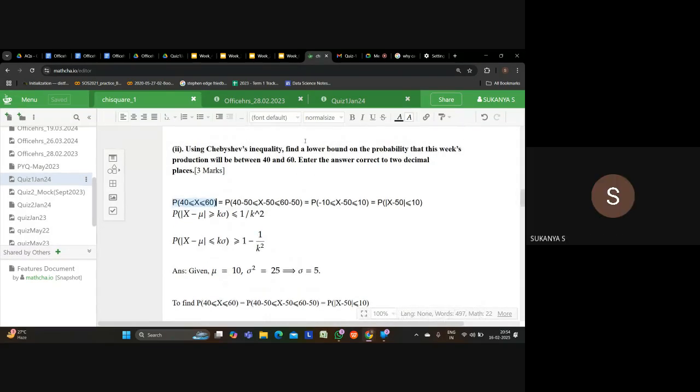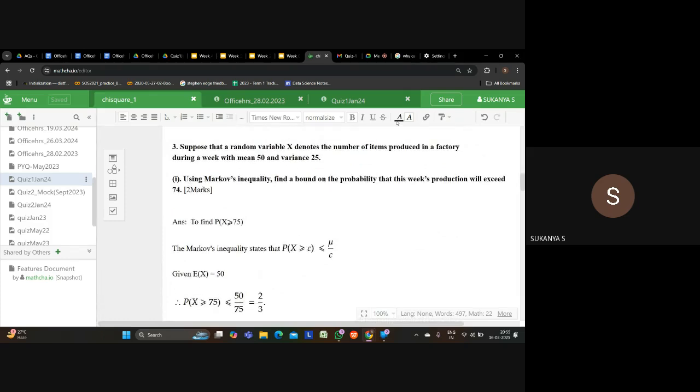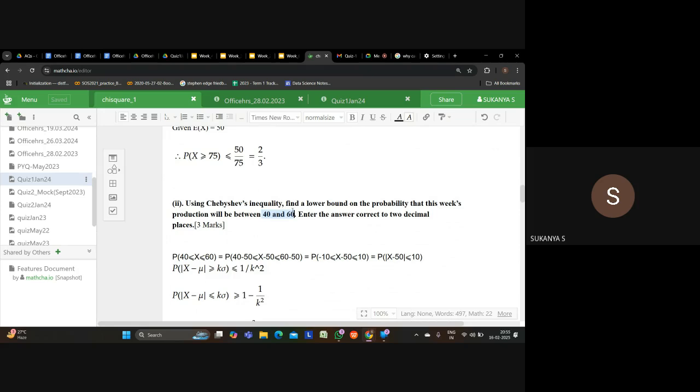It just says we have to find a lower bound on the probability that the week's production is between 40 and 60. This is given in the question. So if x is the random variable that denotes the production in a factory, x is supposed to lie between 40 and 60. After that we wrote 40 minus 50, so you have taken the mean of the question, 50.